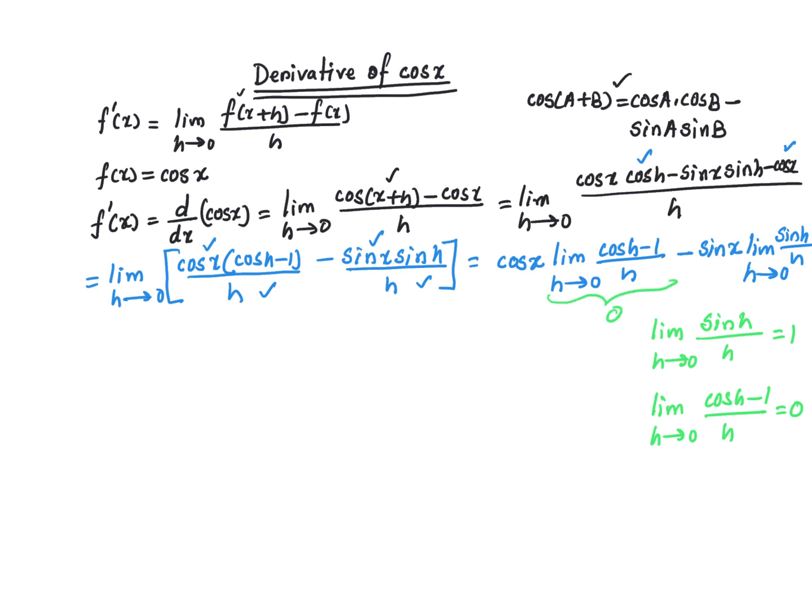So cosine of x times 0 is just 0. Minus sine of x, and this is going to be 1. So the net result is that f prime of x, which is d over dx of cosine of x, is nothing but negative sine of x.